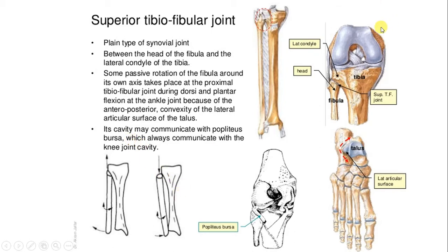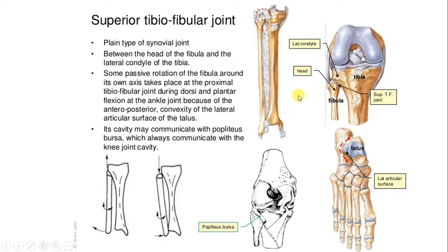And its cavity, here we can see, must be communicating with the inside of the joint. Here we know the tendon of the popliteus muscle moves inside, so through that the capsule of the superior tibiofibular joint may communicate with the knee joint.